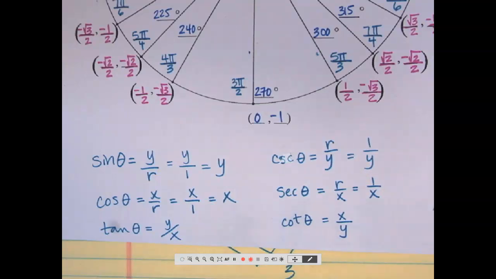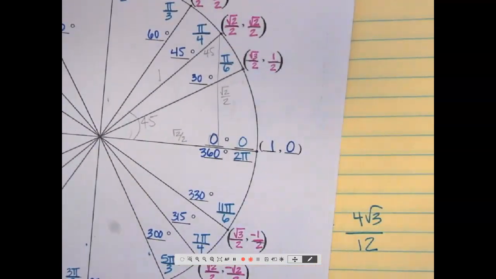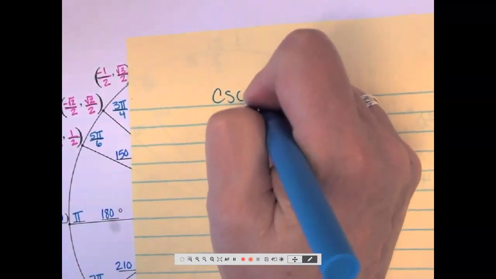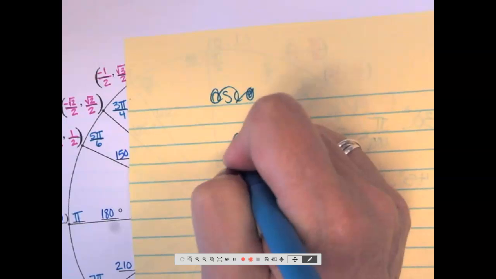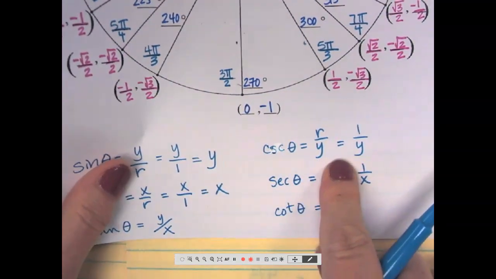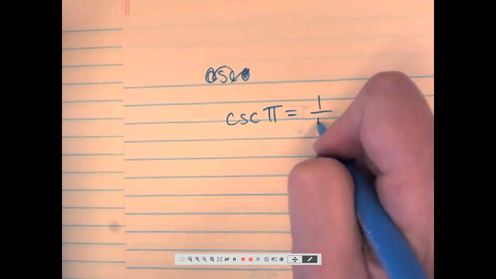Okay, so if I ask you for something like cosecant of pi, this is how we're going to do it. Cosecant of pi. Okay, I'm going to look at cosecant. Oh, it's r over y, or 1 over y.